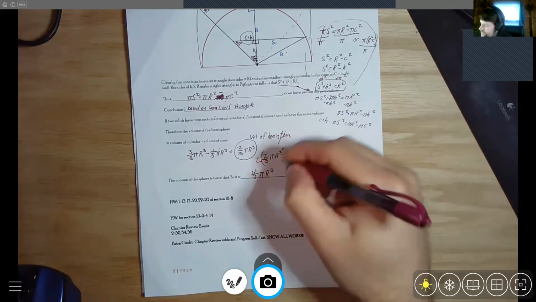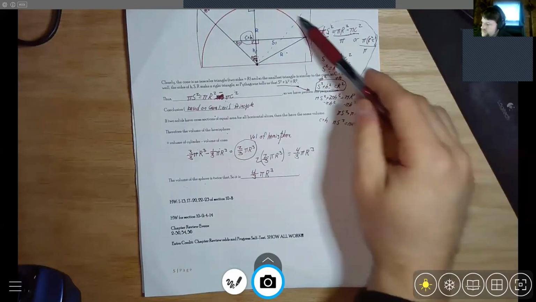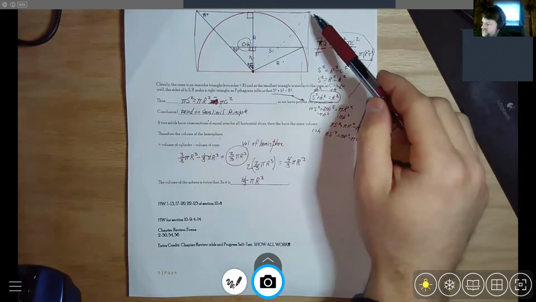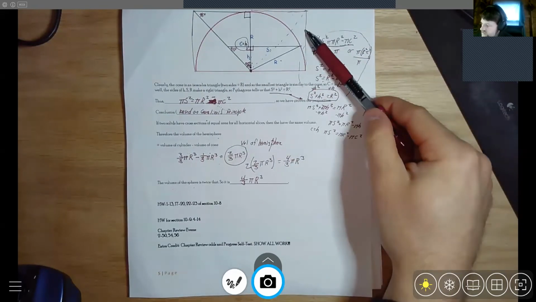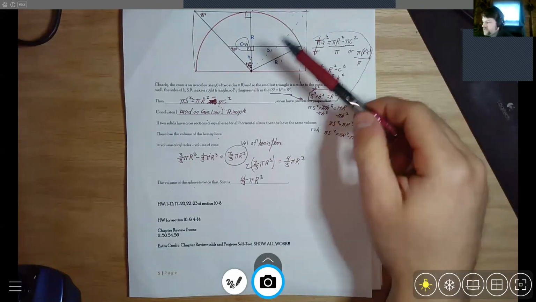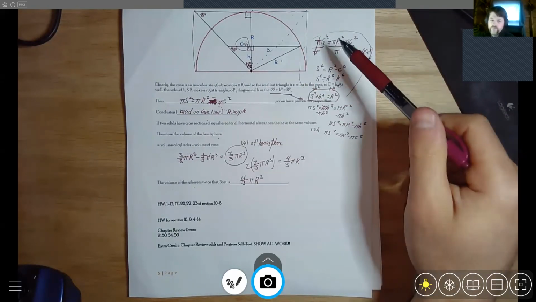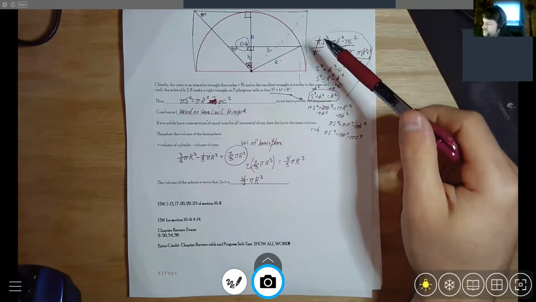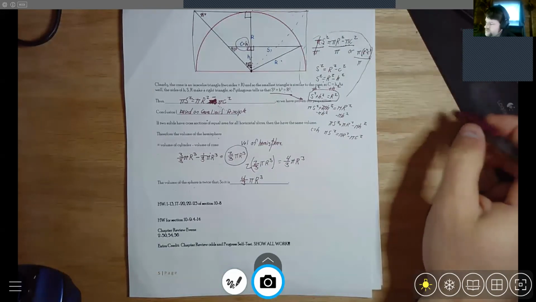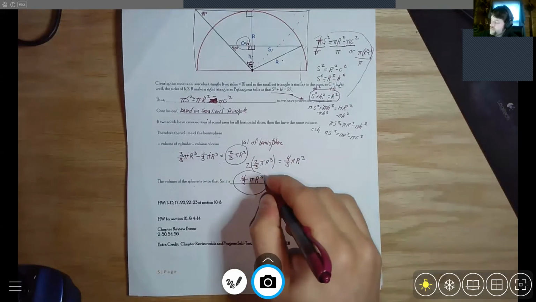And you get that from looking at this idea of a hemisphere and a cone and a cylinder, because we knew the volume of a cylinder, we knew the volume of a cone, and we used that to find the volume of a hemisphere. And since 4/3 is our favorite fraction, because 4/3 of all people don't understand fractions, just a great way to remember that formula.